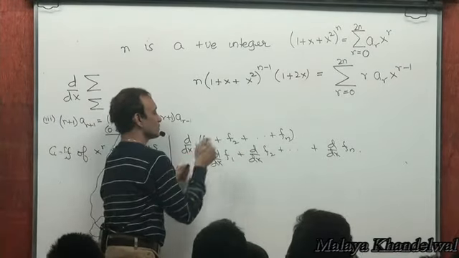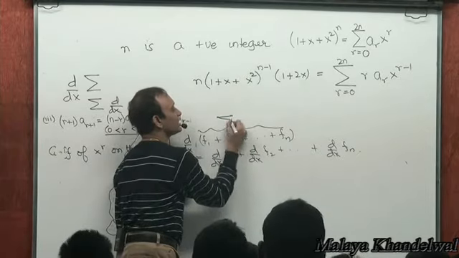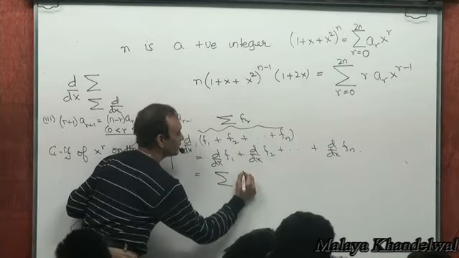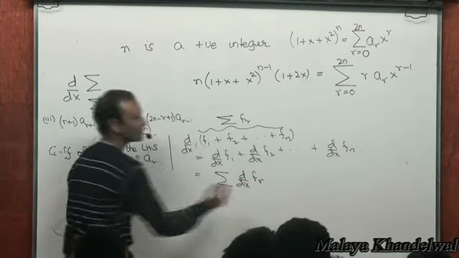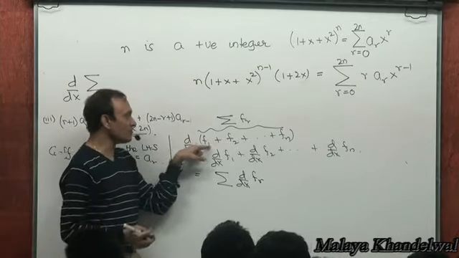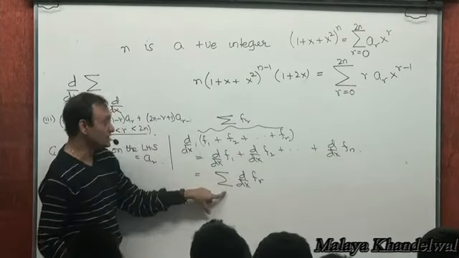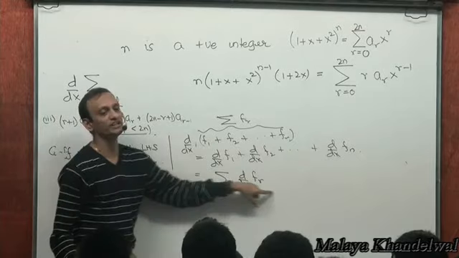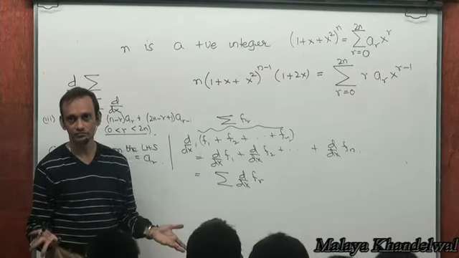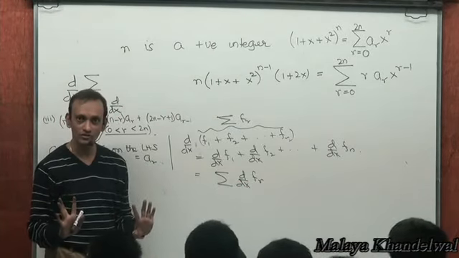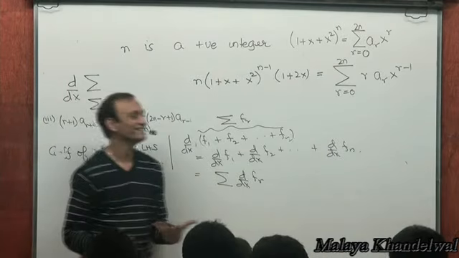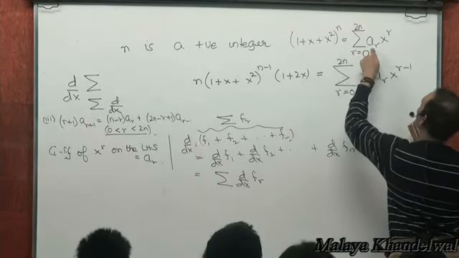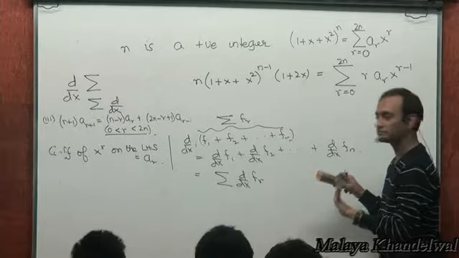This is d/dx of summation f_r, and this is summation of d/dx of f_r. Derivative of a sum would be the sum of the derivatives. So d/dx of this would be summation of d/dx. Clear?